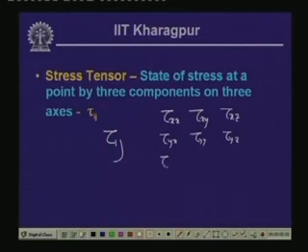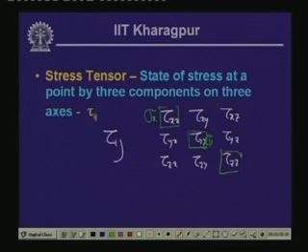We have tau z x, tau z y and tau z z. Now, the components tau x x, tau y y and tau z z are normal to the plane. Let us call them sigma x, sigma y and sigma z.